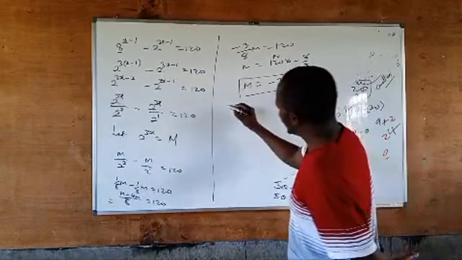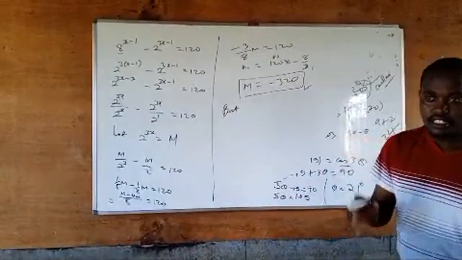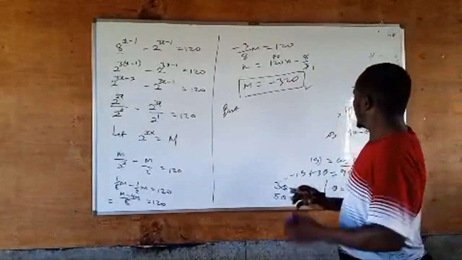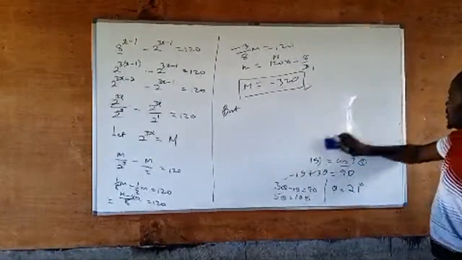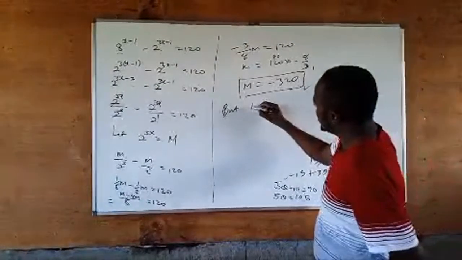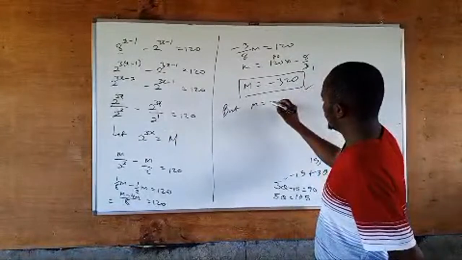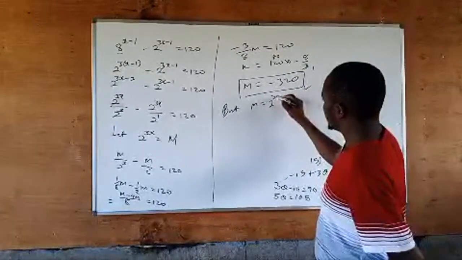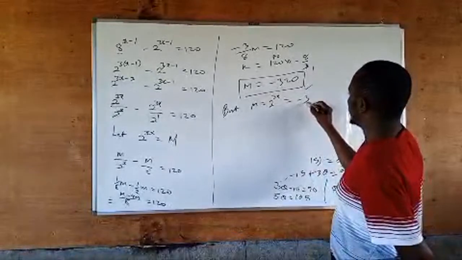But up to that tumekosa ile. But so ukifika hapa m equals 2 over 3x, 2 raised to dx is equals to negative 320.